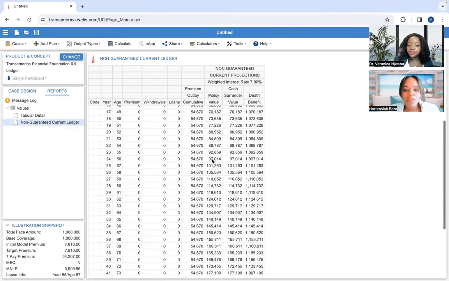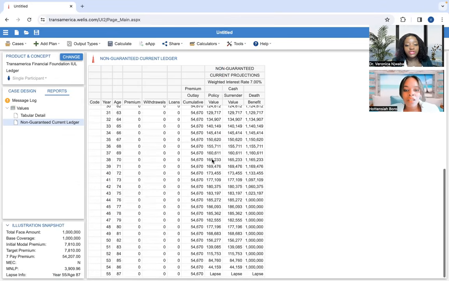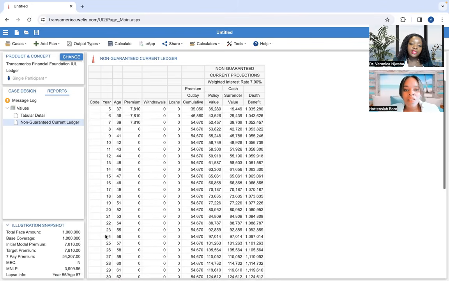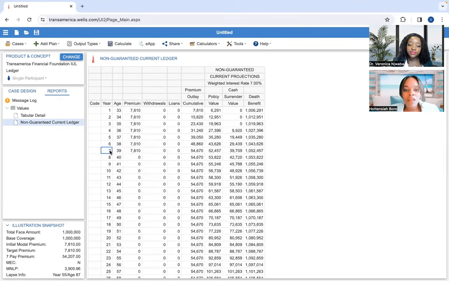It grows some interest, keeps going. And this one can go all the way down to age 86, oh, year 54. However, they contributed just for 7 years. So that means if this person stopped contributing because they lost a job, they have 40 years to find a job. You get the point? But there's no way someone's going to be 40 years without a job. In 2 years, I'm sure they found a job.